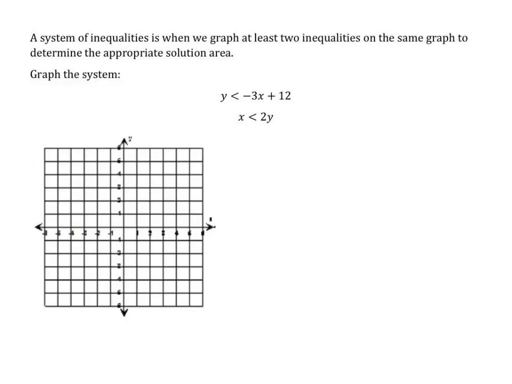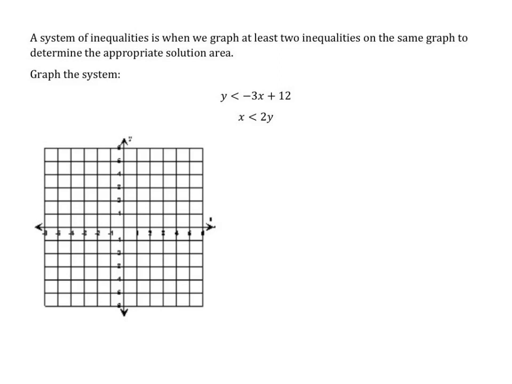A system of inequalities is when we graph at least 2 inequalities on the same graph to determine an appropriate solution area. So let's graph the 2 inequalities. Note that we already have y is less than negative 3x plus 12, so we already have it solved for y.